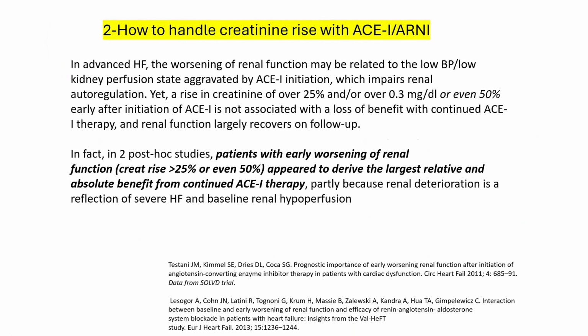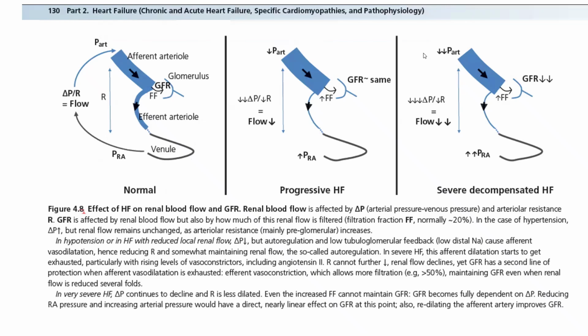Now moving on to the second issue, how to handle creatinine rise after initiation of ACE inhibitor or ARNI. In advanced heart failure, the worsening of renal function may be related to the low blood pressure and low kidney perfusion state that gets aggravated by initiating ACE inhibitor, as ACE inhibitor impairs renal autoregulation, which is already maximized, particularly that filtration fraction is already maximized.